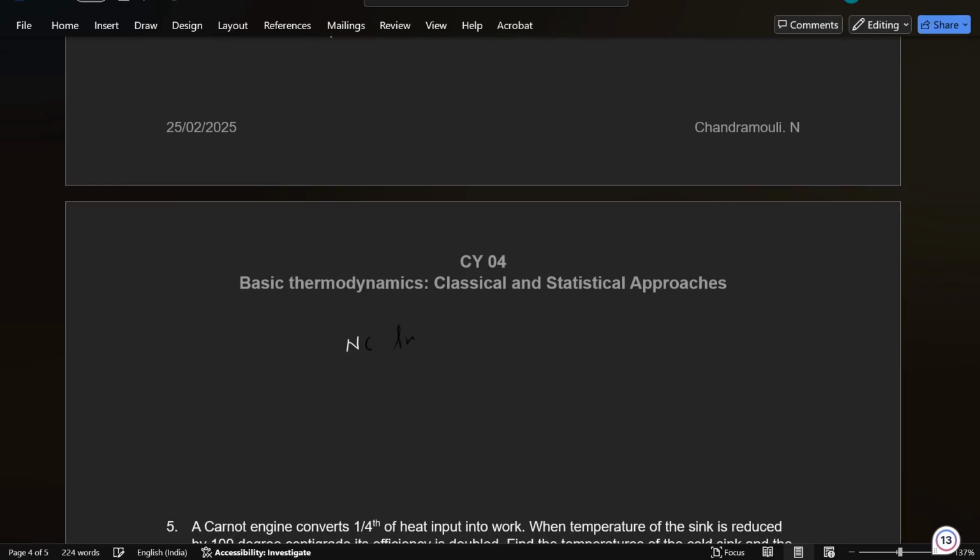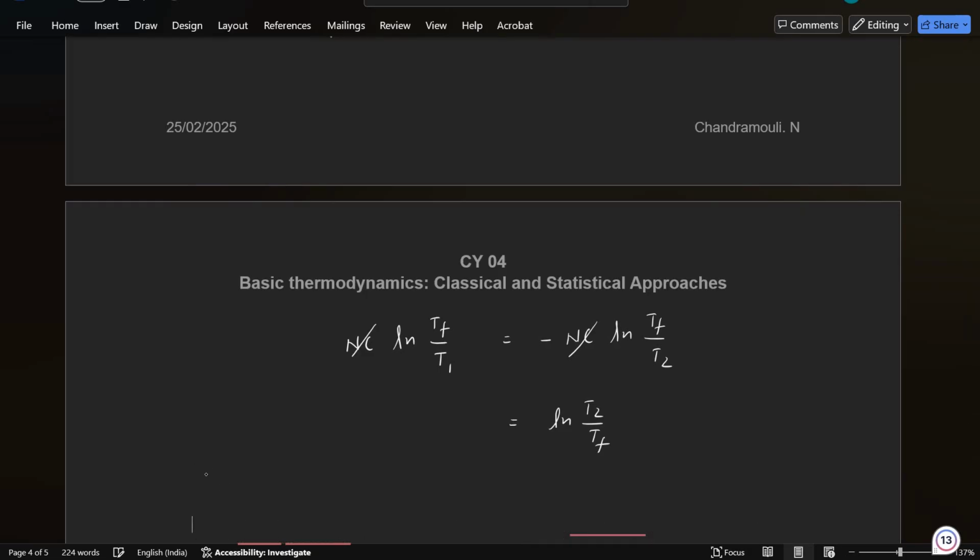So now we'll take it to the other side. NC ln Tf by T1 is equal to minus NC ln Tf by T2. Cancel the NC. Since this is negative, we can just do the reciprocal of this and that will be positive. Ln T2 by Tf, and then again ln Tf by T1.